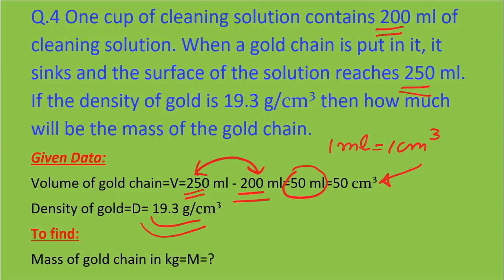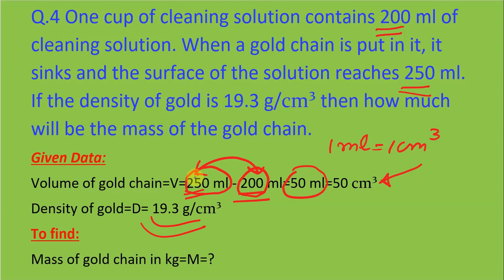So please don't get confused by this, because you already know the initial solution was 200 ml. After putting the chain in the solution, its level rises and it reaches 250 ml.